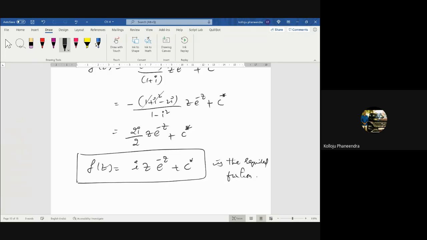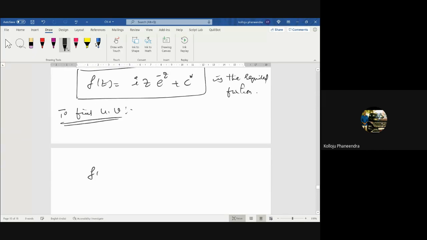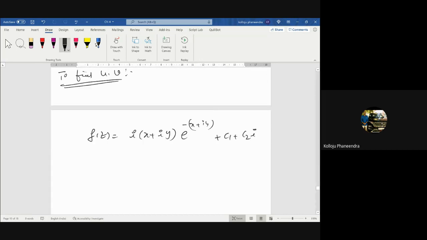Now to find u and v, how to calculate them? F of z expressed in terms of x and y: (x plus iy) e to the power of minus x plus iy, plus c1 plus c2 i. That is why I have considered c star. Now I have to simplify this. i(x minus iy) e to the power of minus x, e to the power of minus iy, cosine y minus i sin y, plus c1 plus i c2.